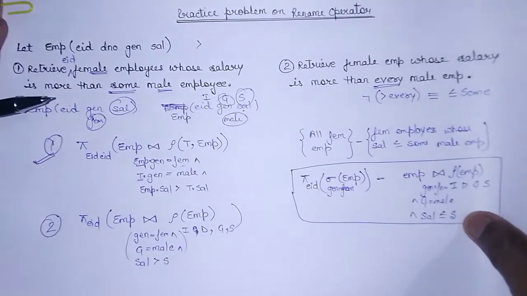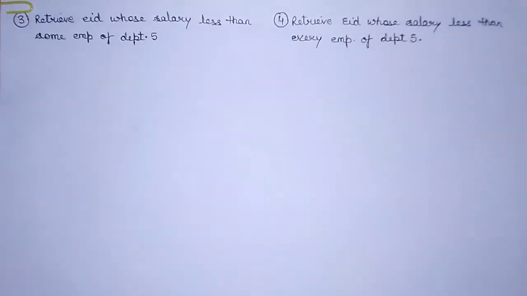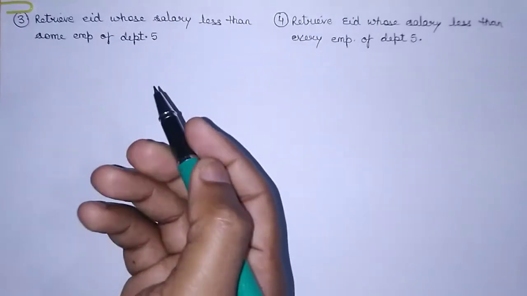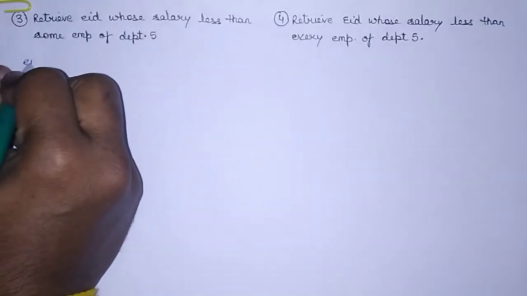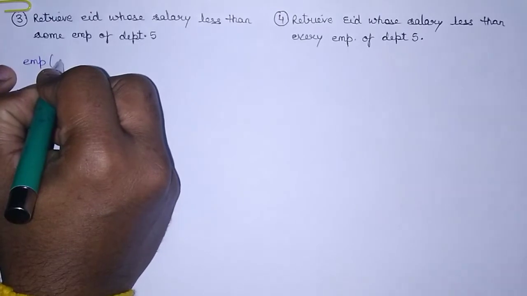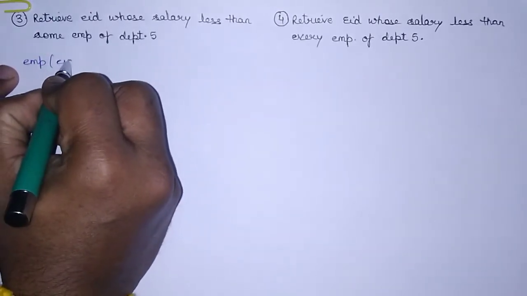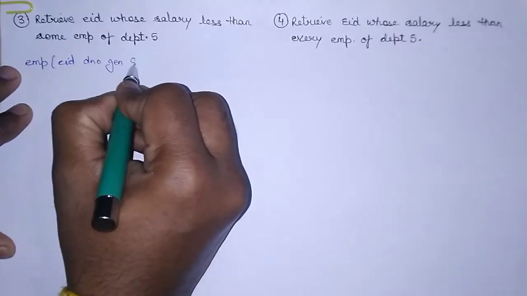Similarly, now go to the third query. In the third statement I have to retrieve the employee ID whose salary is less than some employee of department 5. So again I will be having two tables, like employee here, which will have employee ID, department number, gender and salary.